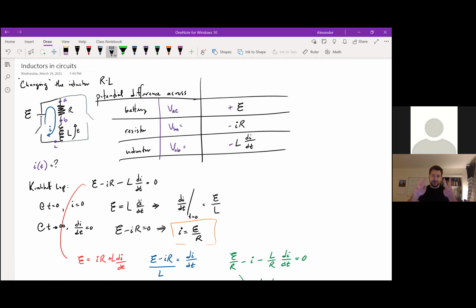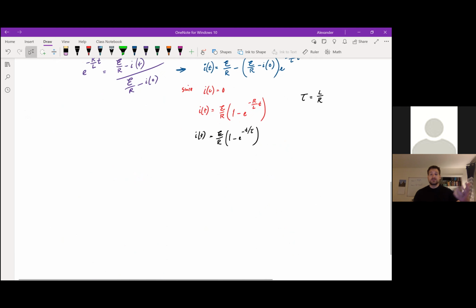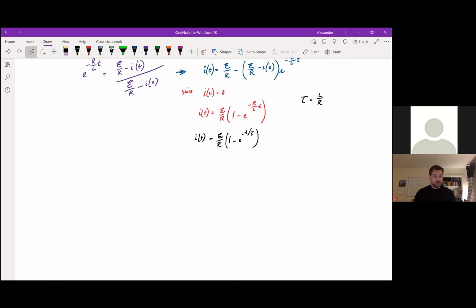The discharge equation for an inductor, because the buildup equation looks the same, the tear down equation should look the same as it did for a capacitor. It should have exactly the same form because we have exactly the same form of equation starting our differential equation.